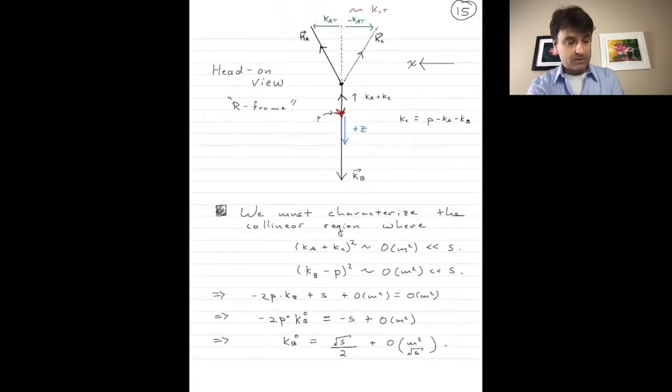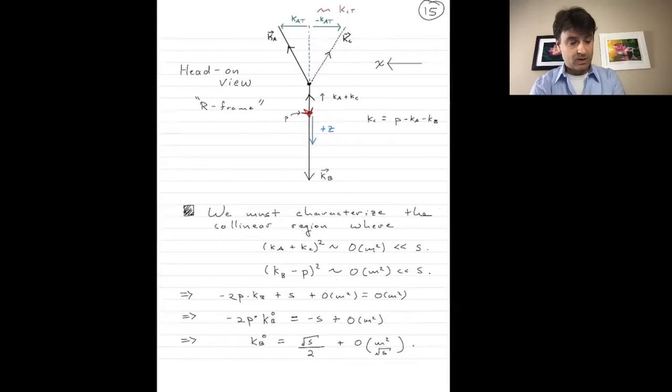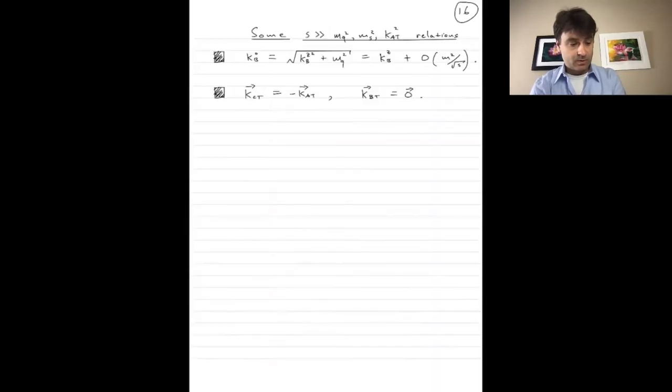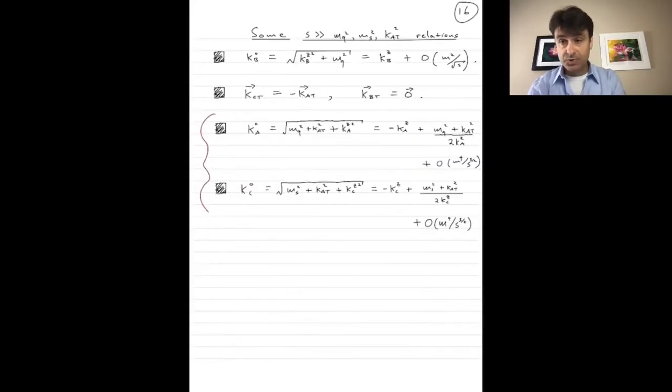That has to be the case if Ka is going out and carrying all the momentum of the jet, or a large portion of the momentum of the jet, then it has a very large energy. It has a large magnitude of its 3 vector. Then this first term is roughly of size square root of s.